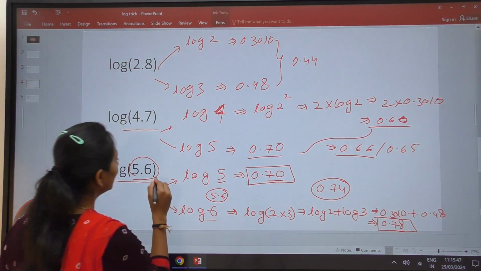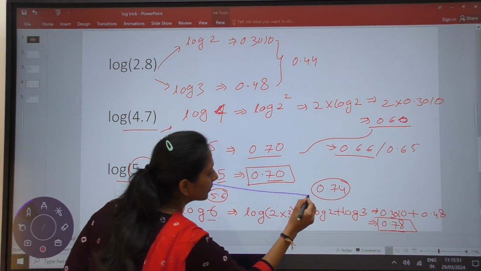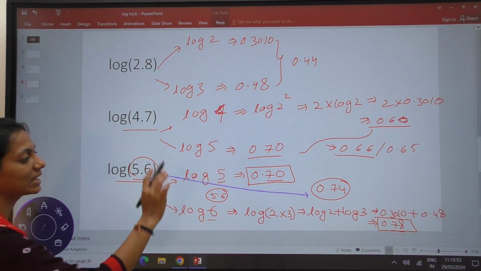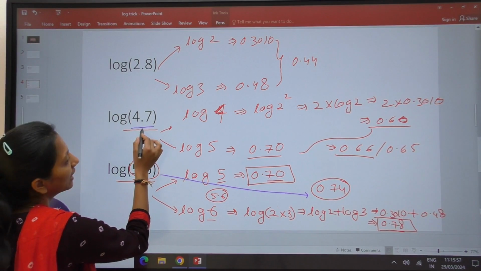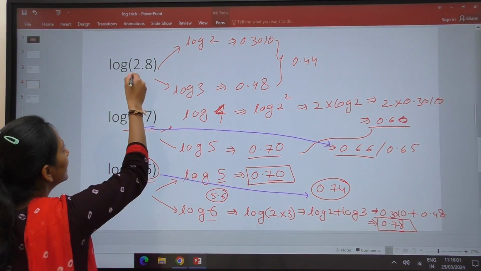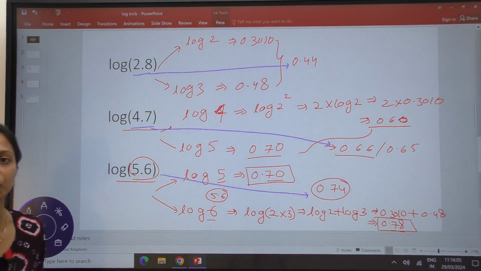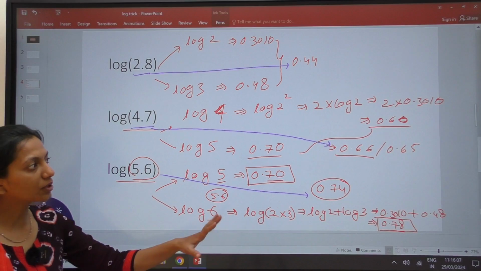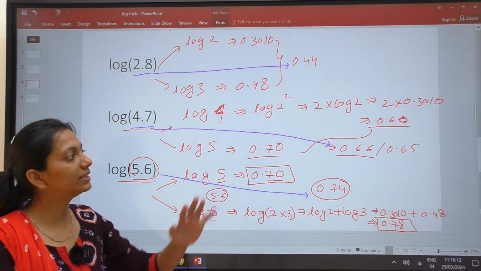So approximately we can take the logarithm value of 5.6 as 0.74. Same way 4.7 can be taken as approximately 0.66. Same way 2.8 you can take approximately 0.44. Okay, so these are the approximate answers, and they are actually in the range of the calculated value.